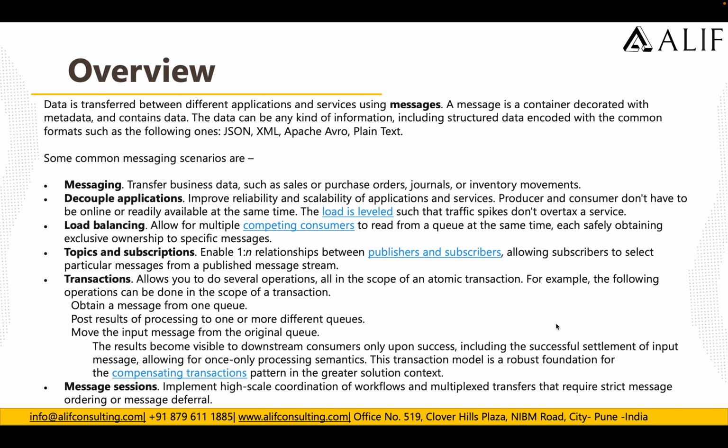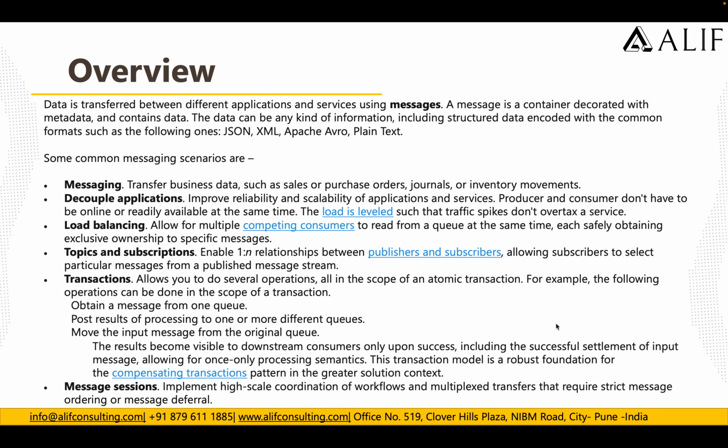Let's talk about some of the common messaging scenarios. First, messaging: transferring business data such as sales or purchase orders, journals, and inventory movements. Second is decoupling applications, improving reliability and scalability of application services.